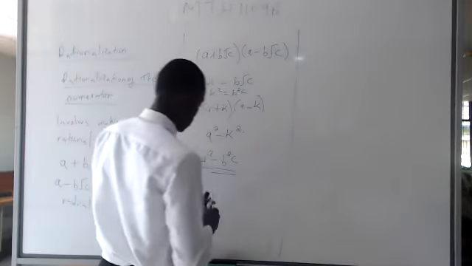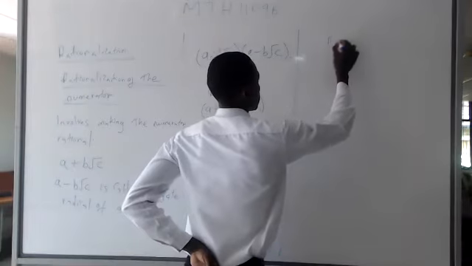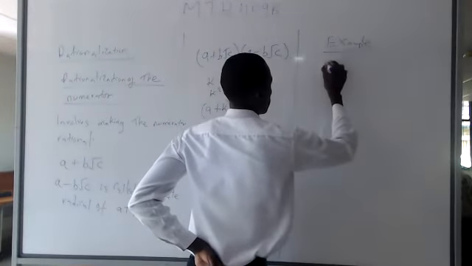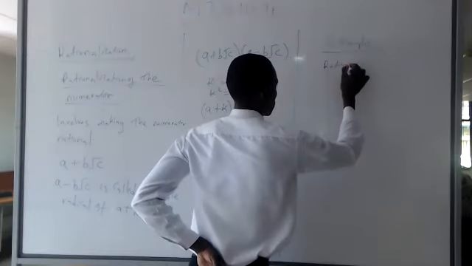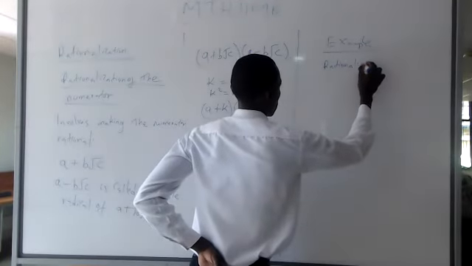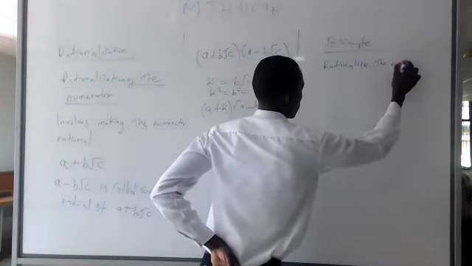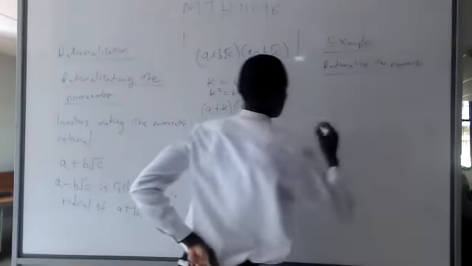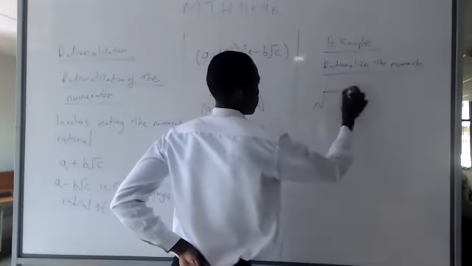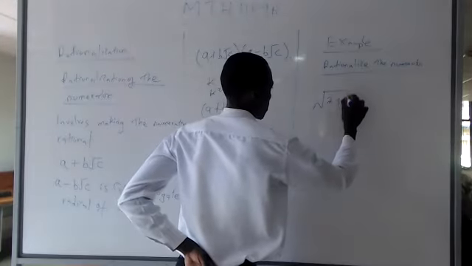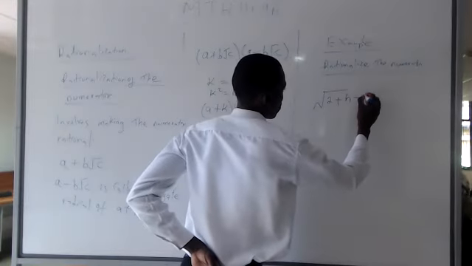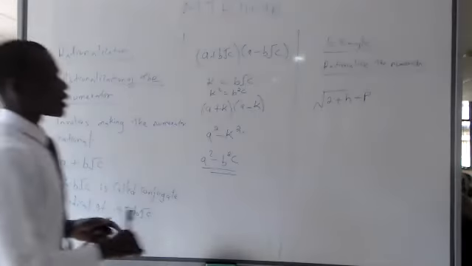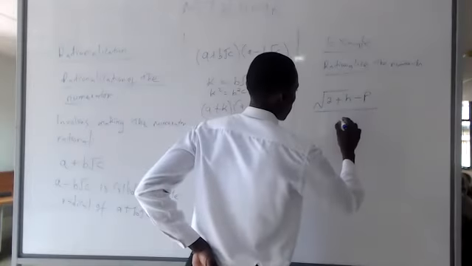So example, rationalize the numerator. So I give you square root of 2 plus h minus p, maybe this divided by some c.